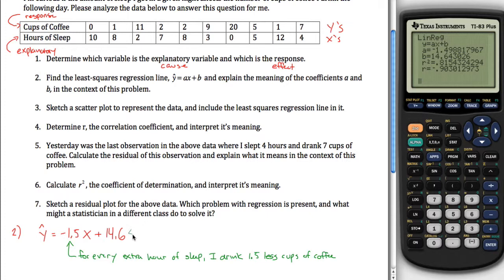And this 14.6 right here is saying if I slept 0 hours, I'd expect to drink a lot of coffee, 14.6 cups.